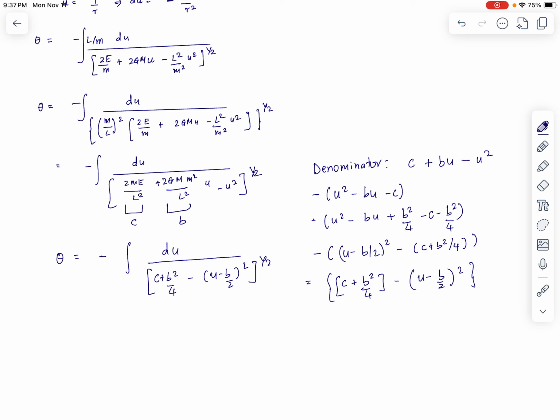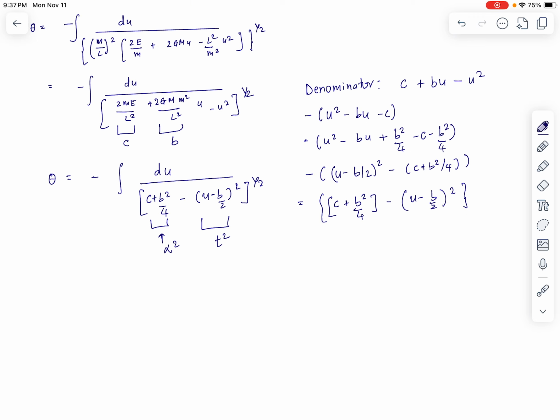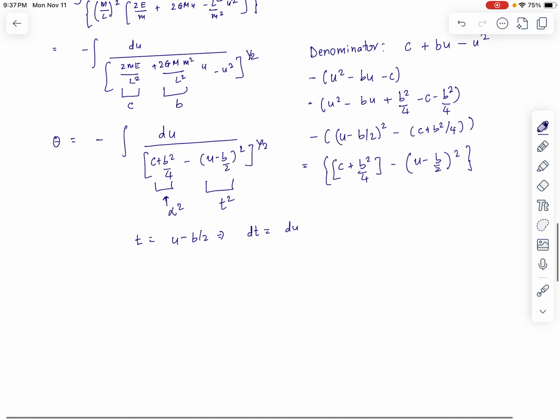So now what we do here is that we write this as alpha square, okay, and we write this as t square. So essentially t becomes u minus b divided by 2, which means that dt equals du, right? So theta can be written as minus dt divided by alpha square minus t square. We take the square root of that. Okay?